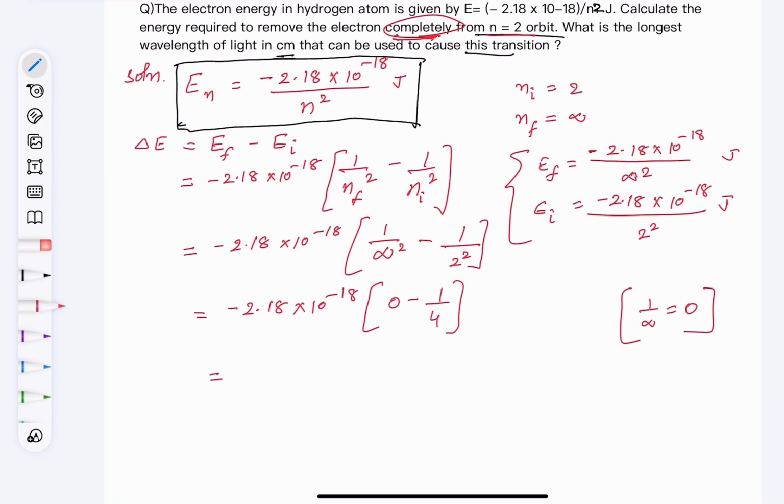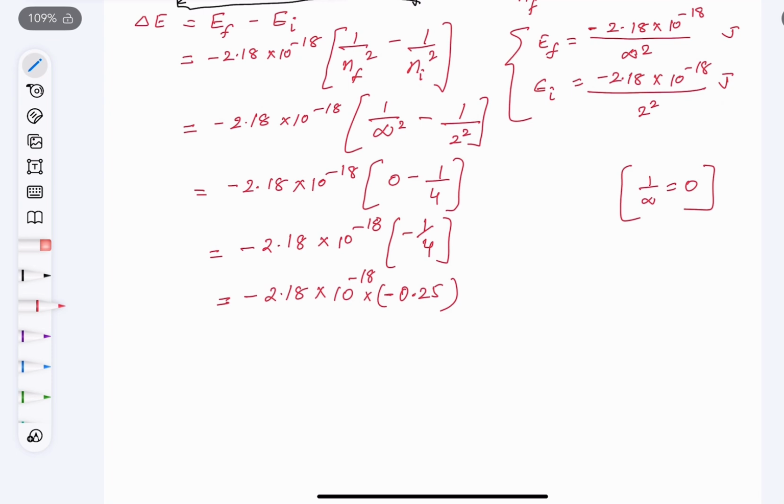So 1 by 4, that is, 2.18 into 10 to the power of minus 18, times minus 1 by 4, or you can take it as minus 0.25. Now you multiply 2.18 with minus 0.25. Minus times minus becomes plus, and when you multiply you get 0.5450 into 10 to the power of minus 18 joules.